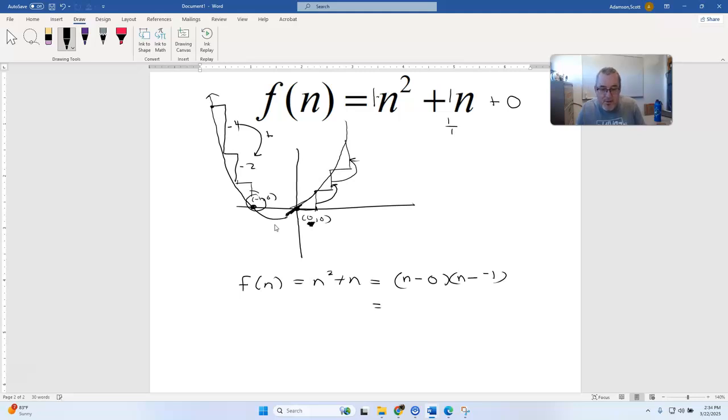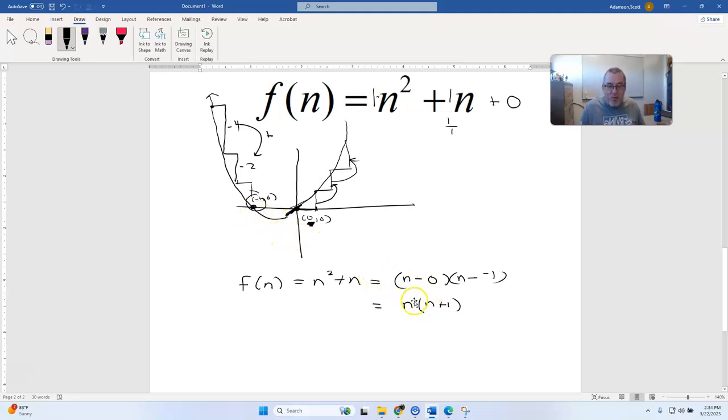And notice when you do that, n minus 0 is n, and n minus a negative 1 would be n plus 1. And there's the 2 factors that we had seen earlier. The 2 factors were the original n, and then one more. So we can find those factors easier by just looking at the zeros and then thinking through what the 2 factors would be to produce those zeros.